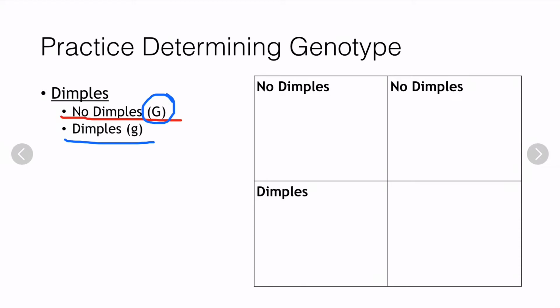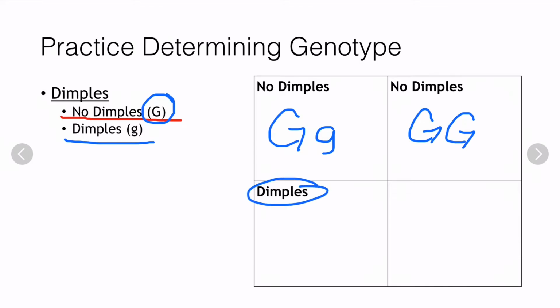So let's say we have at least one dominant allele, we'll have no dimples. So our second allele could be recessive. Or we could have one dominant allele and another dominant allele, okay? The only way that we get dimples is if there are no dominant alleles, because as long as there's a dominant allele, we'll have no dimples. So our genotype for dimples has to be homozygous recessive, okay?